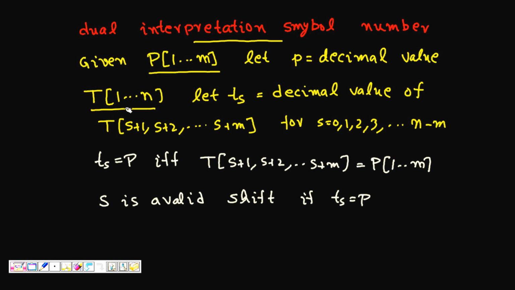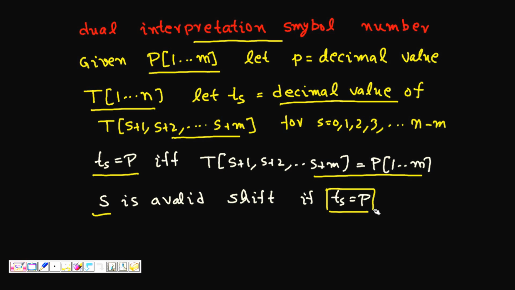Let t_s be the decimal value of the window or substring T[s+1..s+m]. If t_s, the decimal value of that window, is equal to p, the pattern, then we have got a substring equal to the window, and s is a valid shift. So this is a simple thing: convert your pattern string into a number and then compare with windows of the pattern size. If it is equal, you get a hit, you have got the pattern.